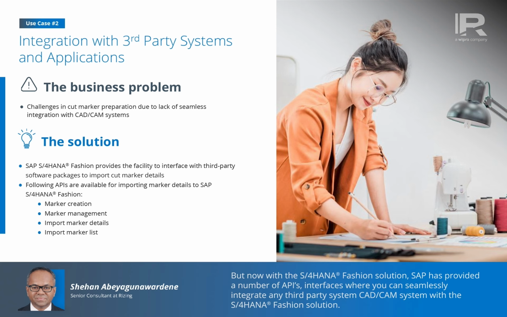But now with the S4 Fashion solution, SAP has provided a number of APIs and interfaces where you can seamlessly integrate any third-party system, CAD/CAM system, with the S4 Fashion solution.